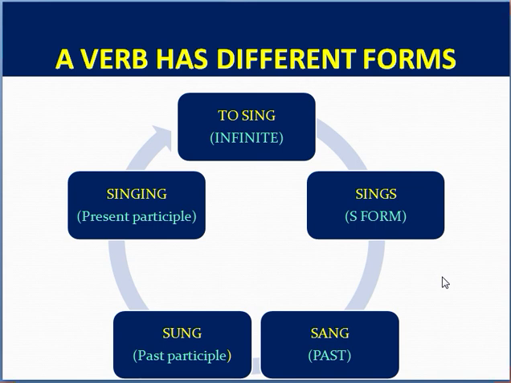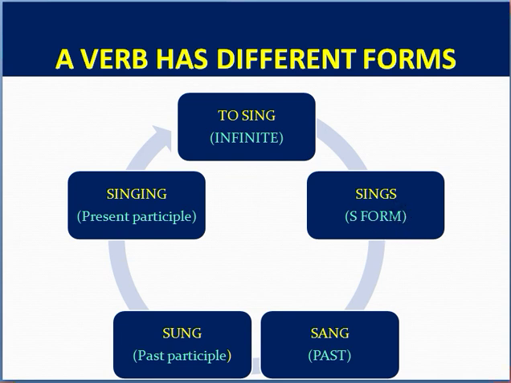Here, a verb has different forms. Number one is the infinitive, for example, to sing, where no time is involved. To sing is not bounded by any time. Okay? So it is the infinitive form of the verb. Then sings.